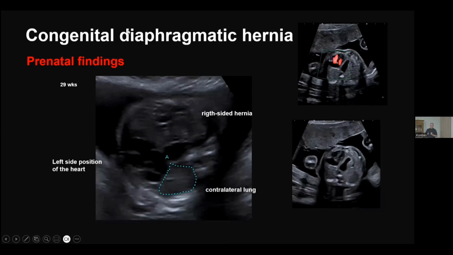It is also important for sending this patient to a specialized center, because if this baby is delivered in a normal hospital without perinatal care or NICU, then this baby can die. But the baby has a very good chance of survival if we detect it prenatally and arrange good management directly after the birth.